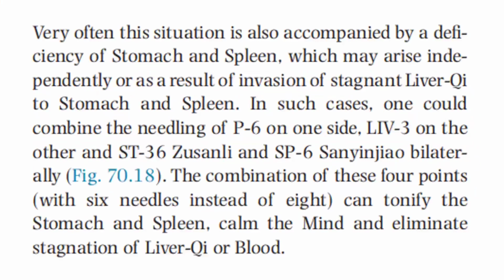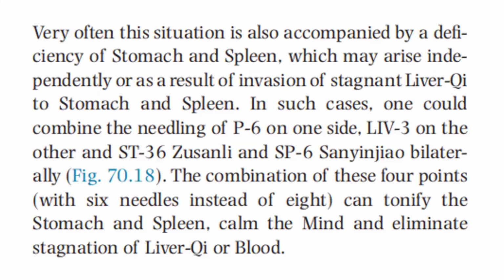Very often, this situation is also accompanied by a deficiency of stomach and spleen, which may arise independently as a result of invasion of stagnation liver qi to stomach and spleen. In such cases, one could combine the needling of pericardium 6 on one side, liver 3 on the other, and stomach 36 and spleen 6 bilaterally.